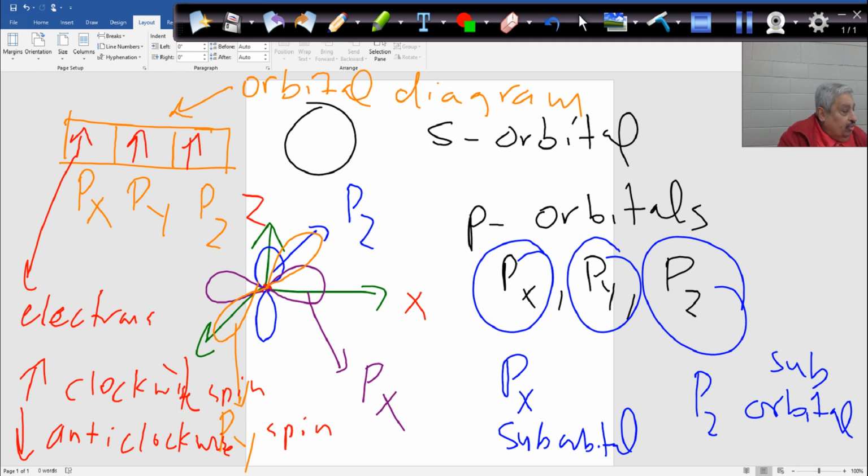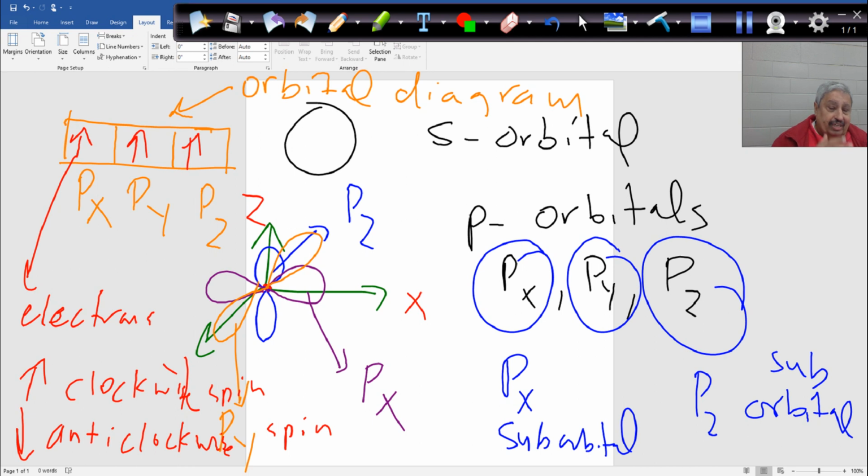The whole electron density moves in a spherical way, like the planets around the sun, including our Earth. So that's what the s orbital is.